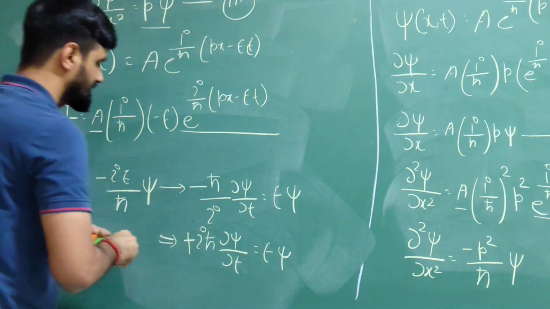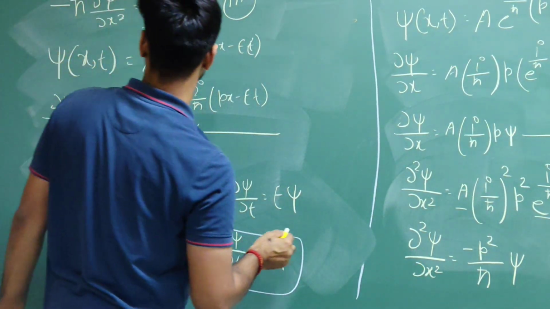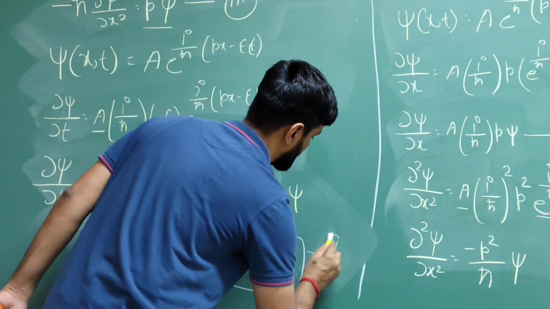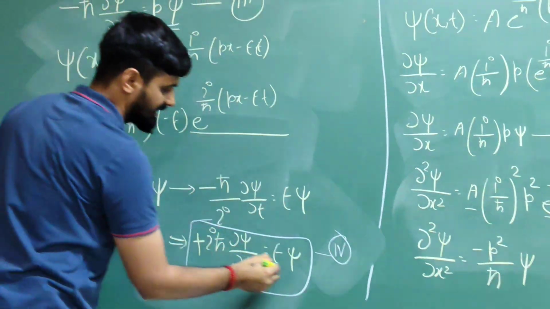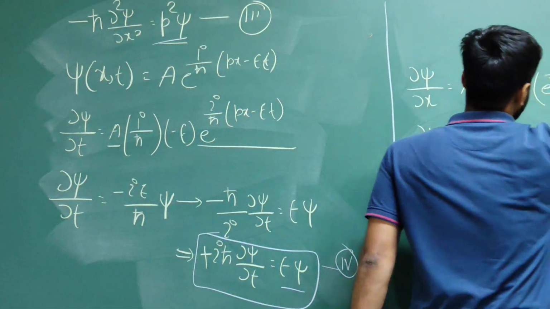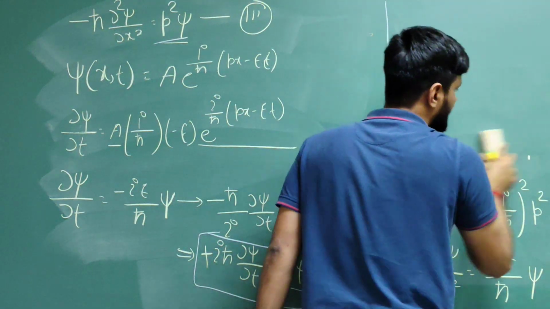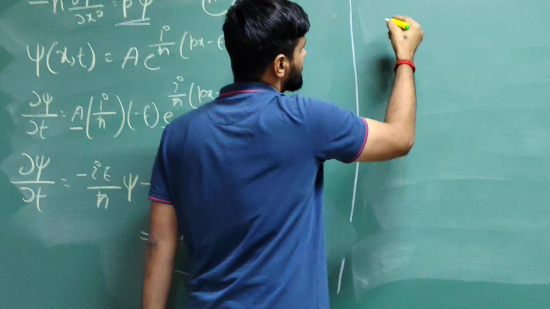I'll assume this equation is my equation 4. Okay, so till now we have derived the value of p square psi and we have derived the value of E psi.